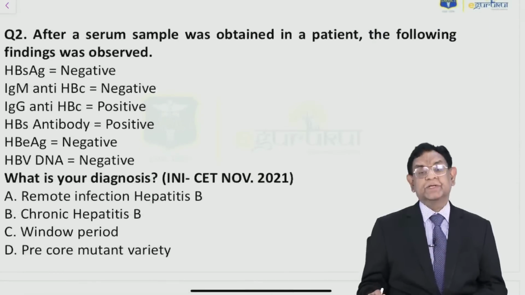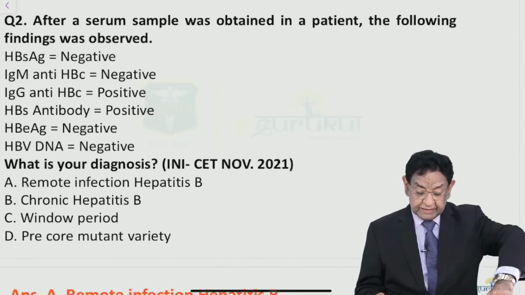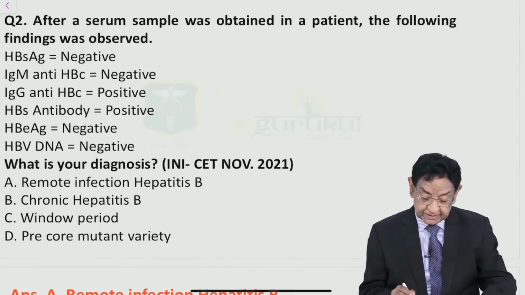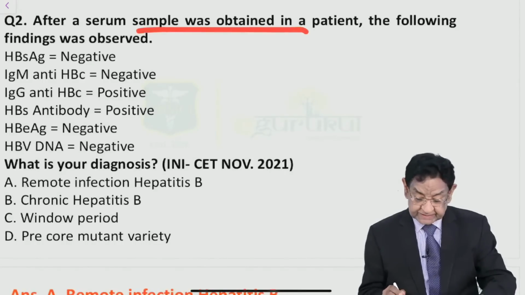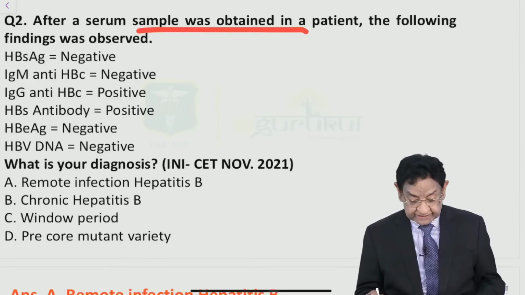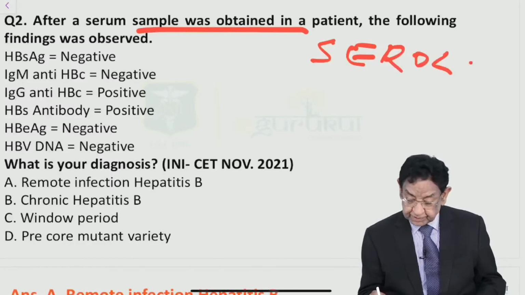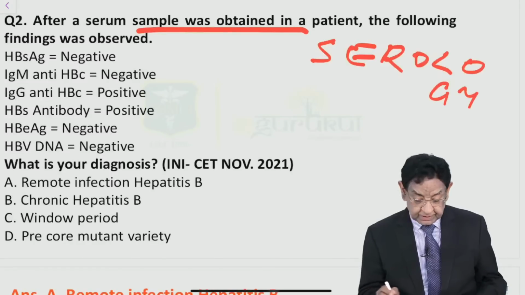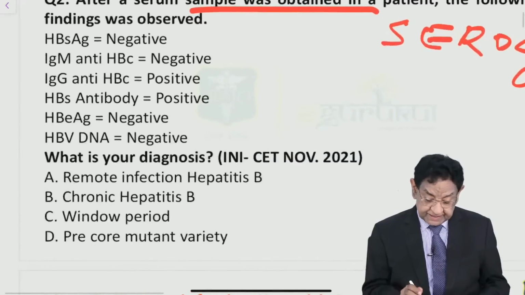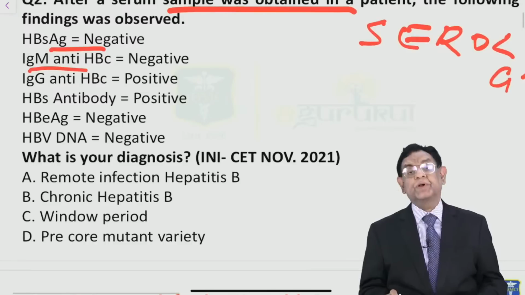Let's talk about question number 2. If a patient has come and his serum sample was taken and reports are as follows. Serology report to be more precise. Surface antigen is negative. IgM core antibody is negative.